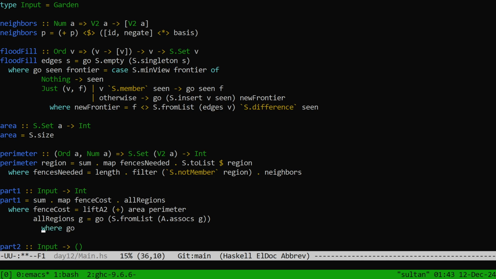This go has to be part of all regions because it needs access to G. It can't be a top level where. Go of pending equals case min view pending of nothing. If there is nothing left to assign, we just return empty.